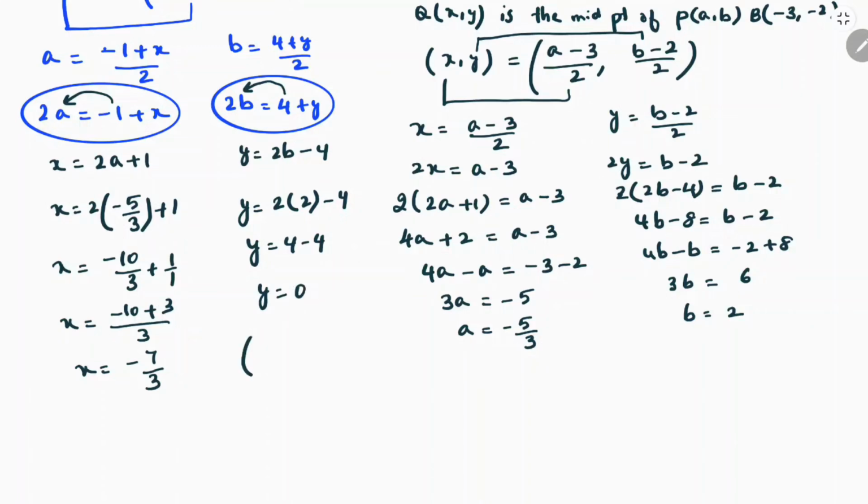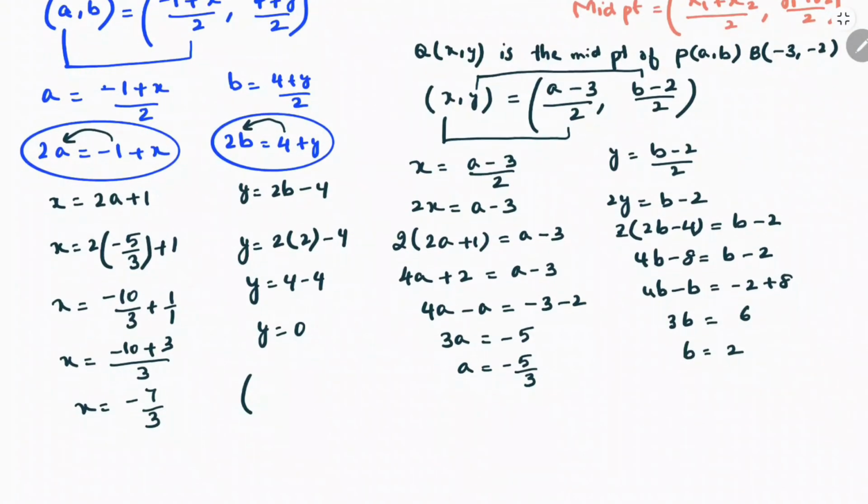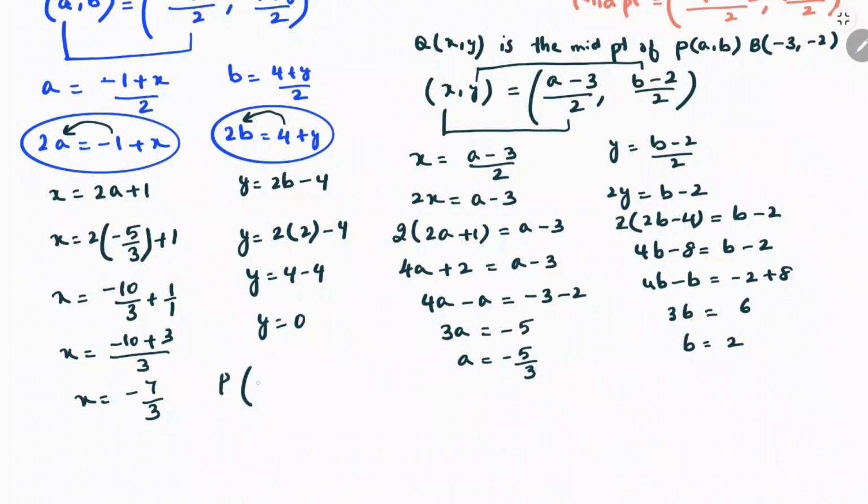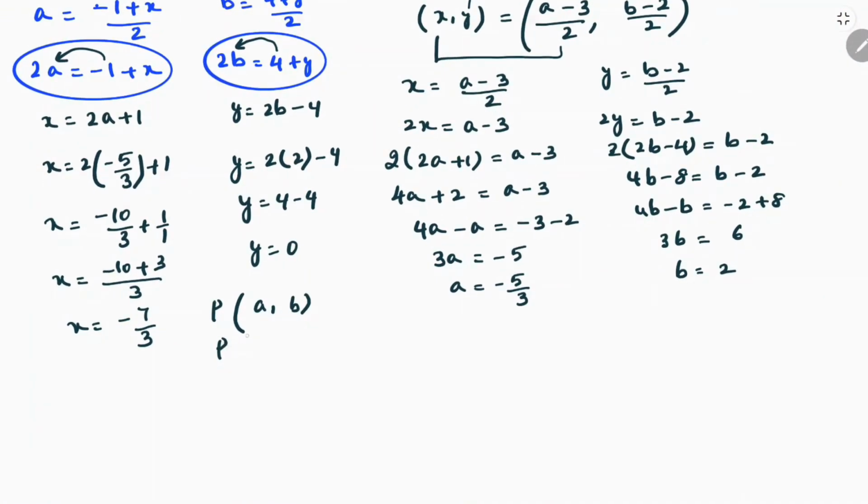So the point P (a, b) is (-5 by 3, 2), and Q (x, y) is (-7 by 3, 0).